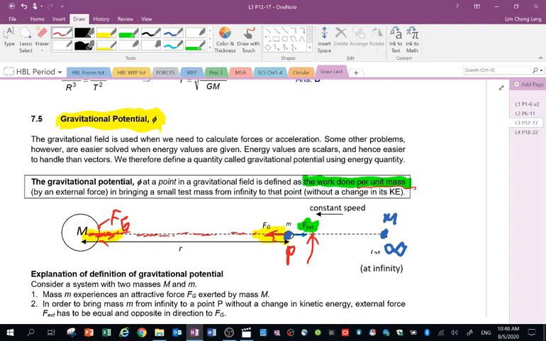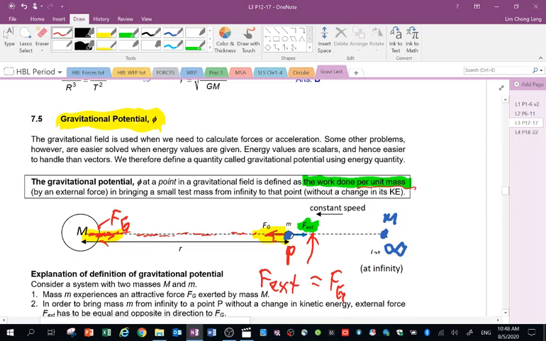So the restraining force is theoretically equal and opposite to Fg. The idea seems quite strange to many of you, because you are bringing a body from infinity, which is a remote place, somewhere very, very far away.